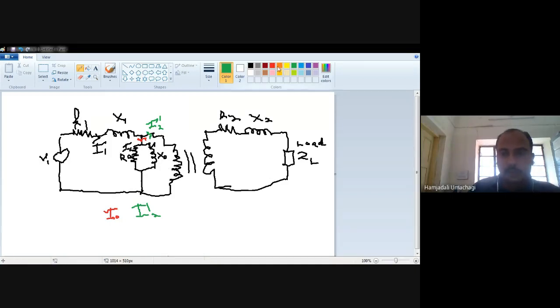And this orange color, this is my primary current I1. Why I am drawing this circuit diagram is just for your reference here. So see here, this is IC.